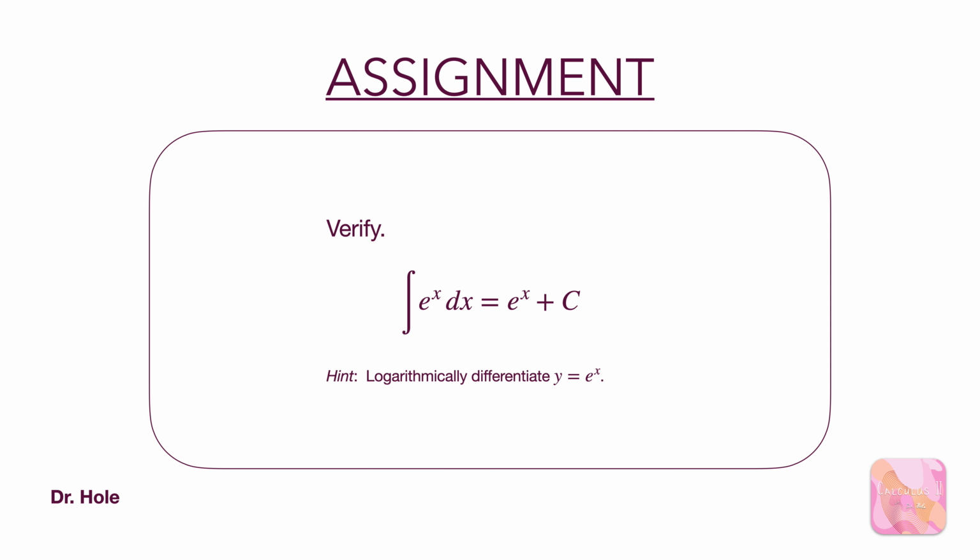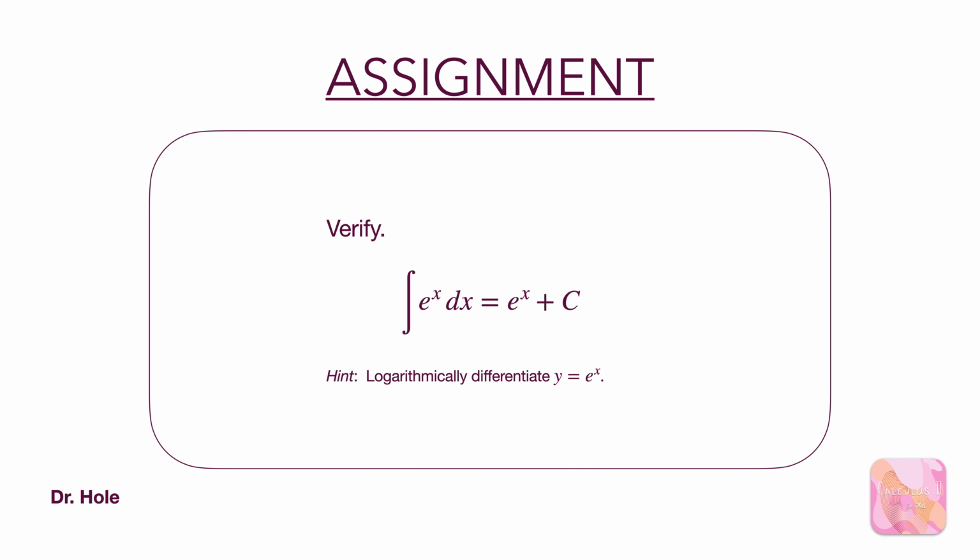Another verification. You have the integral of e to the x dx. You want to verify that its antiderivative is the natural exponential plus any constant, and you want to think in terms of antiderivatives. To accomplish that, logarithmically differentiate y set equal to e to the x.